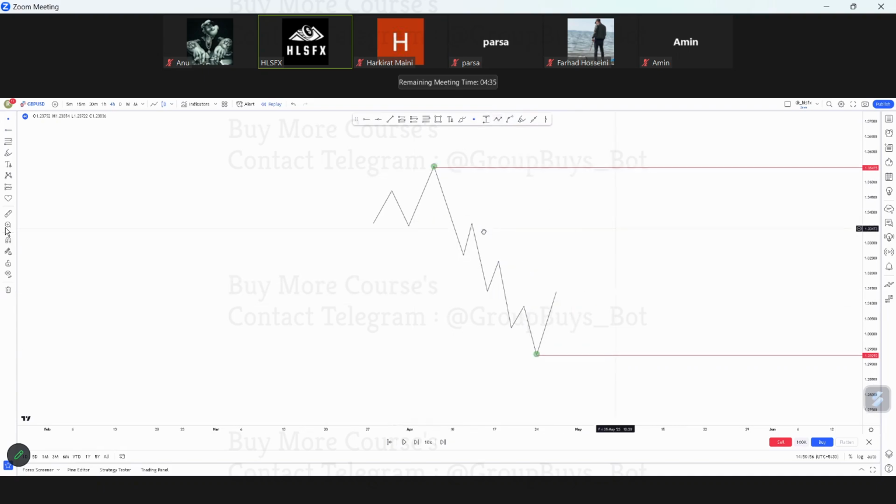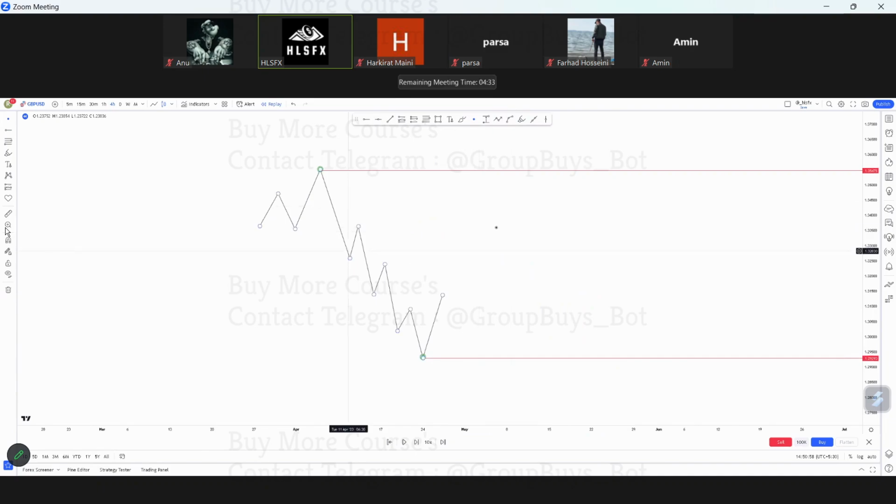Whatever you see inside the trading range is what we call internal range liquidity. Every swing point inside your trading range is internal range liquidity. Every swing point outside the trading range is external range liquidity.